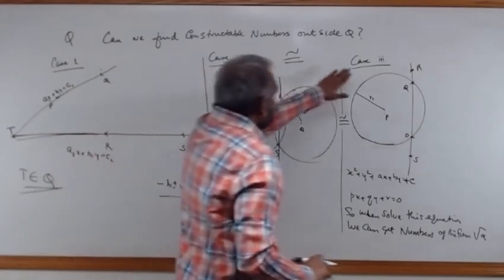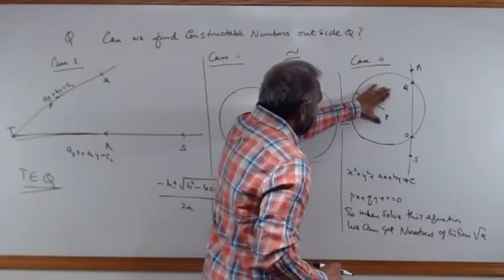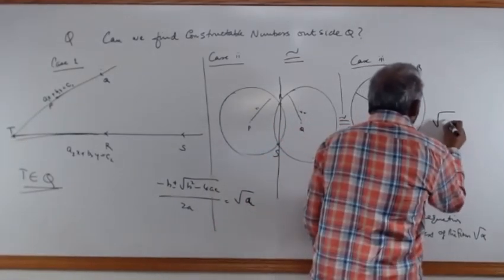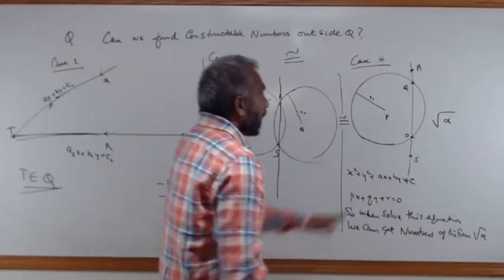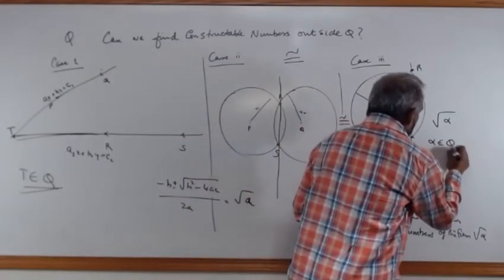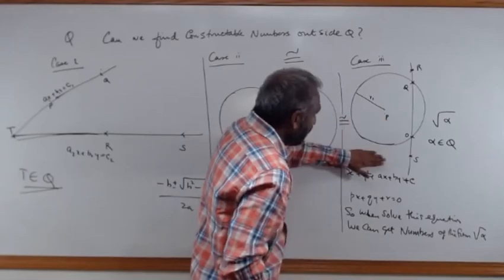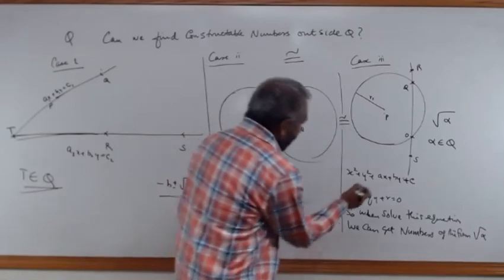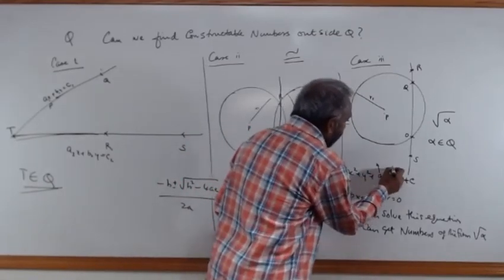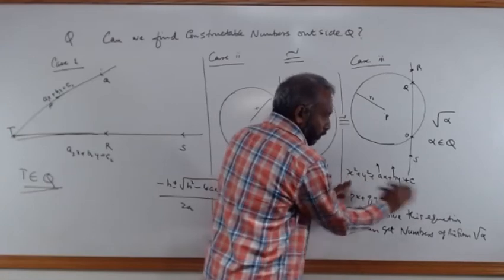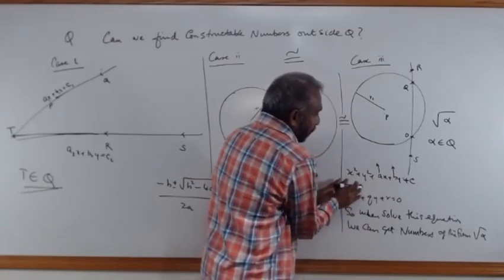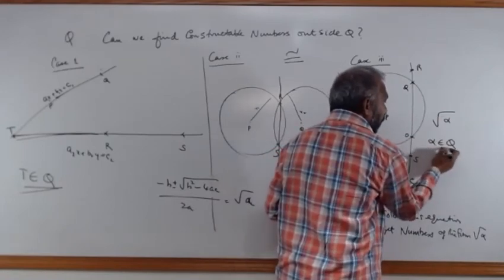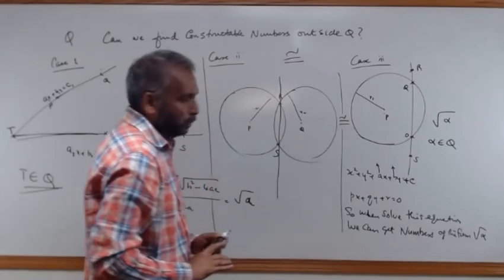This is equivalent to this, but this can generate constructible numbers of the form root of alpha, where alpha belongs to Q. At this point, we know only rational numbers. We are going to find more, but until now, this will be of the form root of alpha, where alpha belongs to Q.